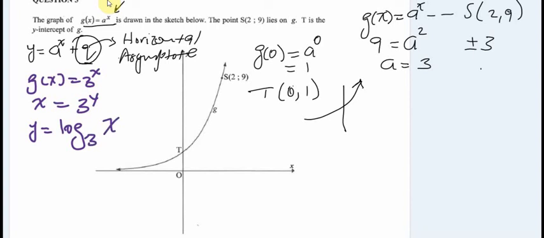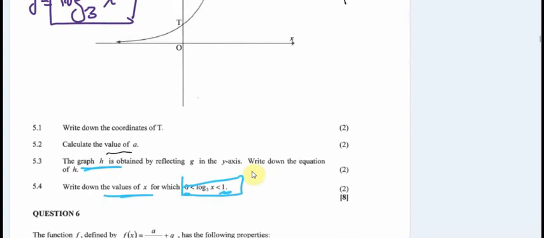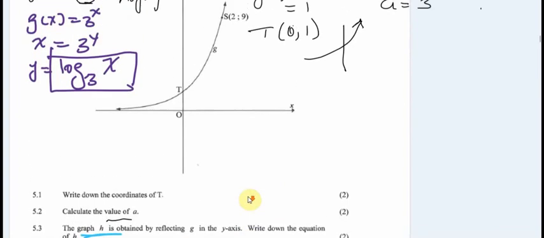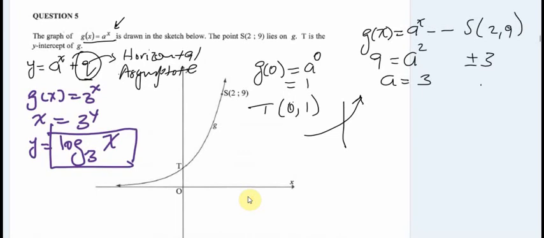base 3 of x. So you can see this is what they are talking about in the last question. They say log base 3 of x lies between 0 and 1. But then we can try to cheat this. For the original function, when x is lying between 0 and 1, let's look at the original function.